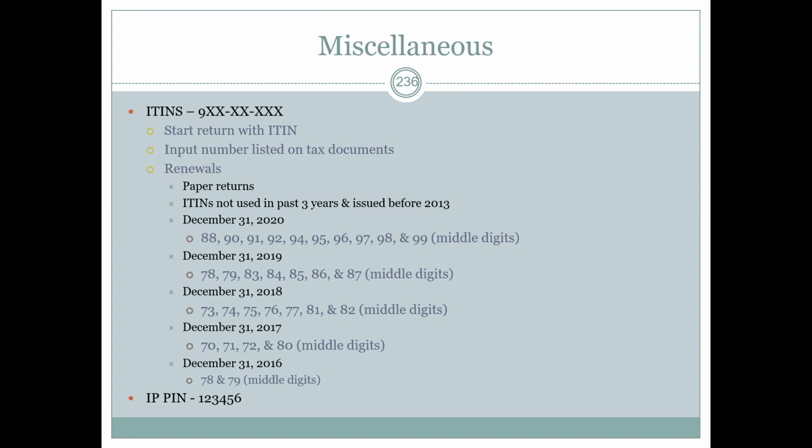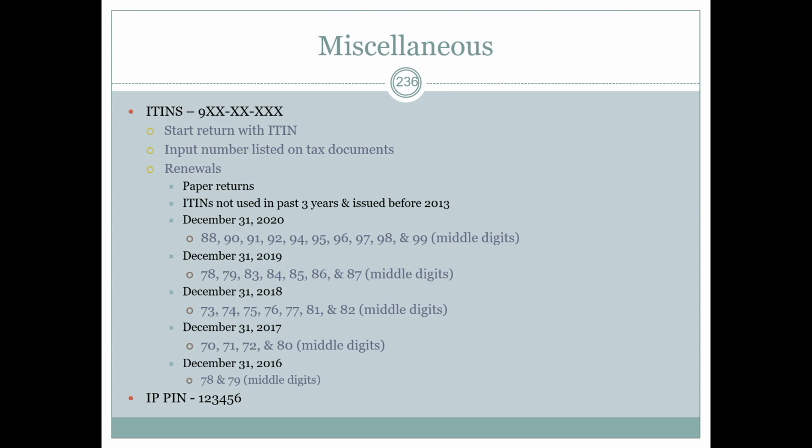So start the return with the ITIN and then enter the number that's on the W-2 into TaxSlayer on that source document. So you're duplicating everything you see on the source document when you input. We do not input it from the intake form. We don't take the Social Security or ITIN information from the W-2 to start the tax return.